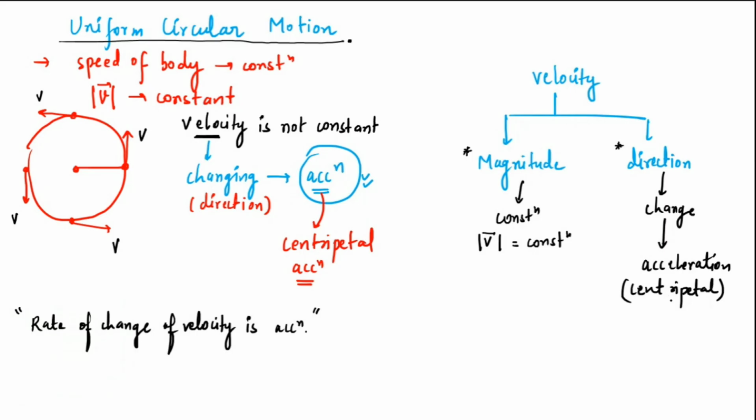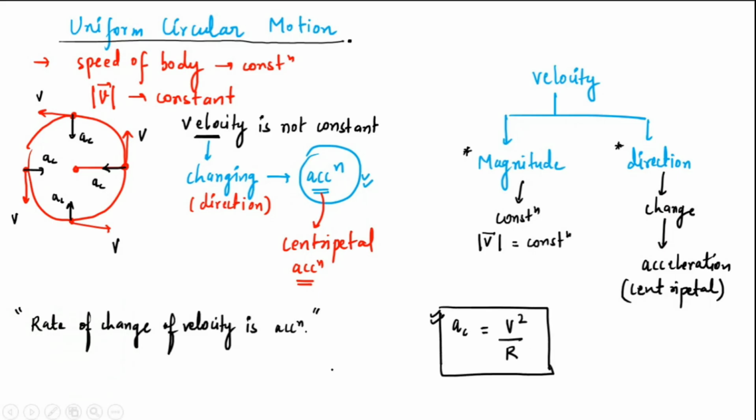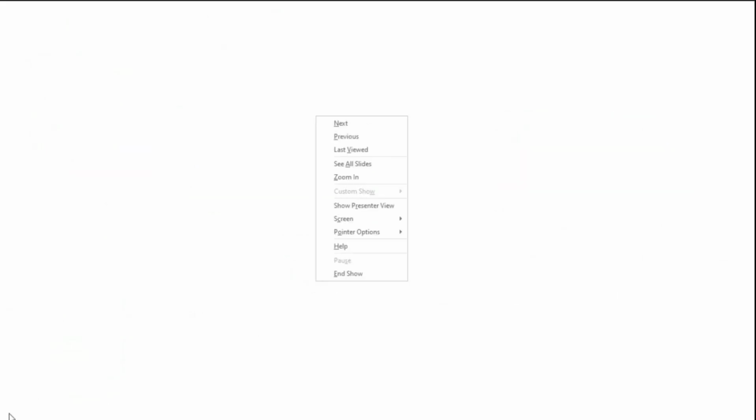The centripetal acceleration is the acceleration which is always directed towards the center of the circle, and it is a cause of changing direction of velocity. The centripetal acceleration is equal to v square over r. This is one relation we have to keep in mind. Whether uniform or any type of circular motion, the body always possesses centripetal acceleration, and its magnitude is nothing but v square by r.